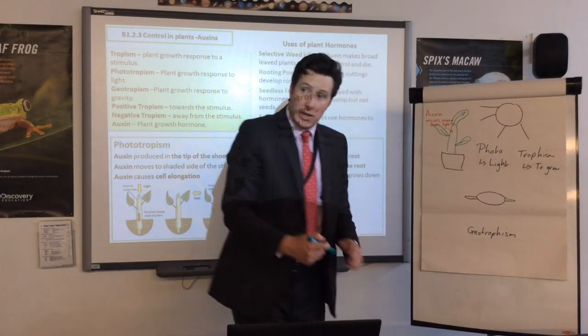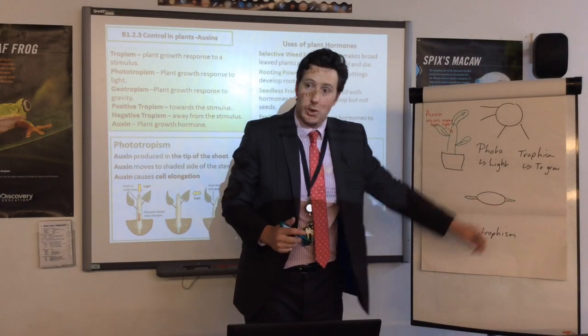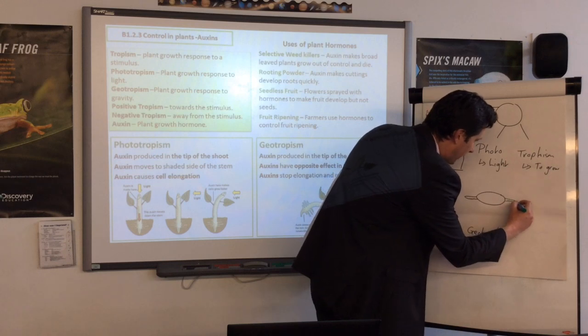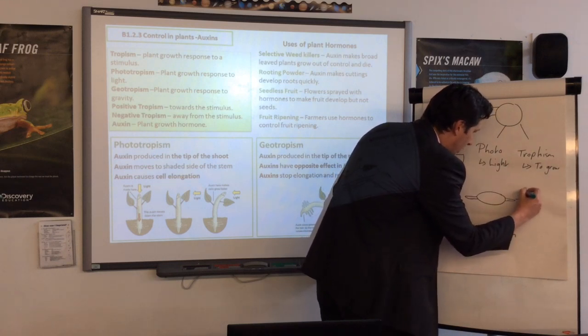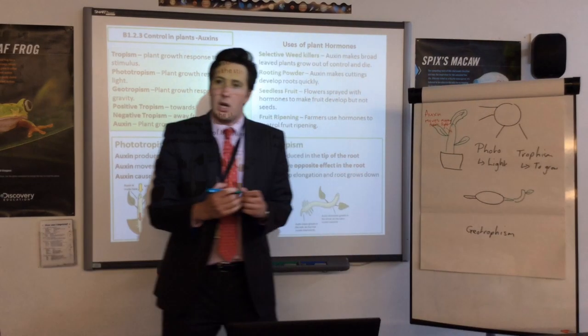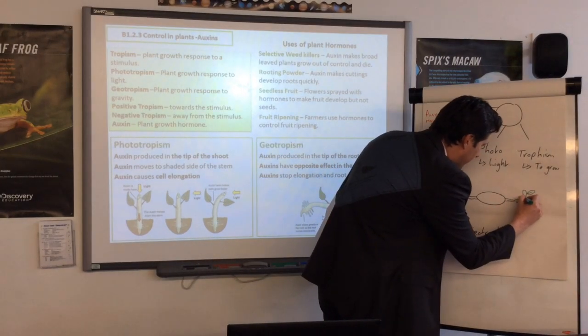Now, just like before, in this example, the auxin actually causes the stem to grow faster. And because that side of the plant grows faster, it actually causes it to curve upwards and then start to grow leaves. Okay? So it will actually grow upwards, away from gravity.